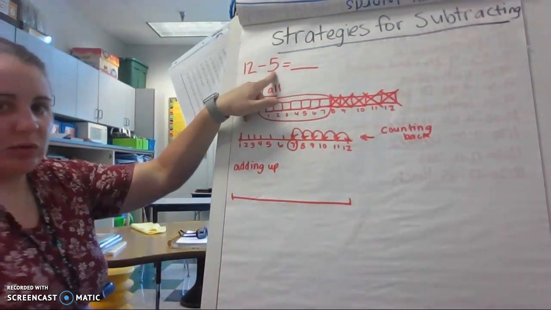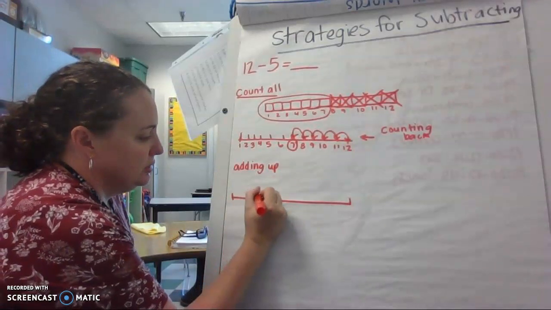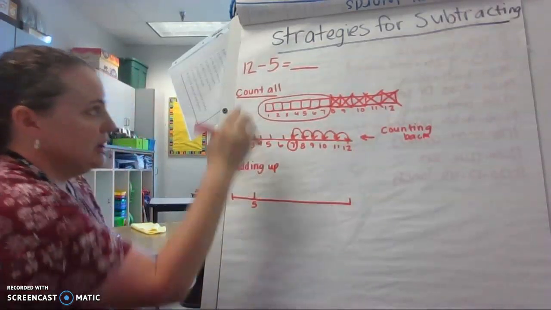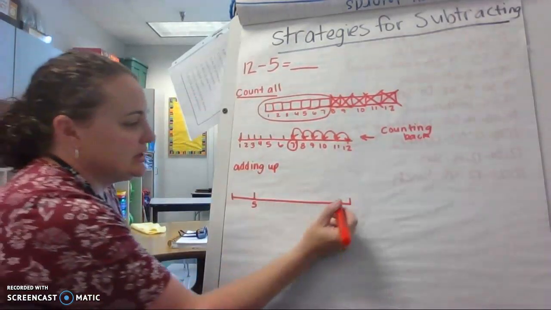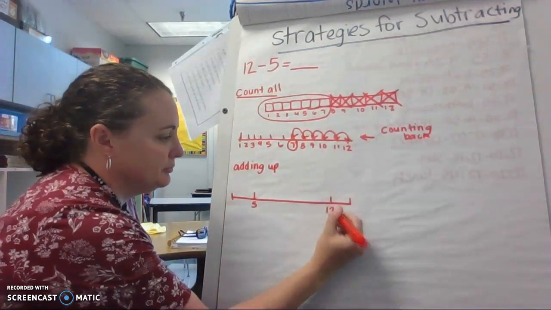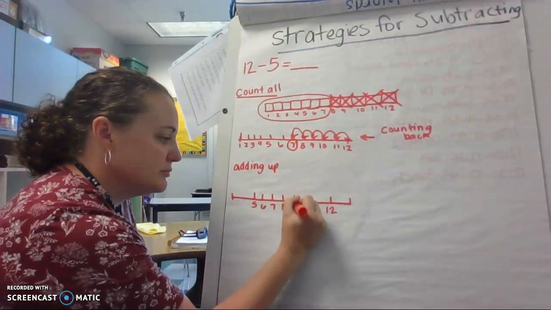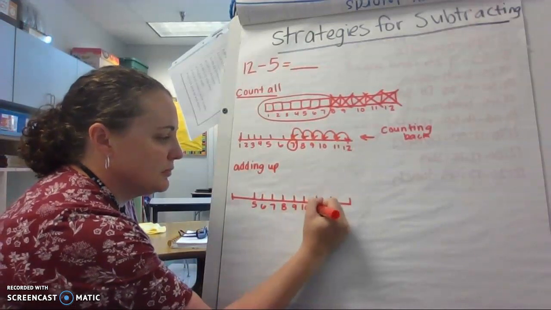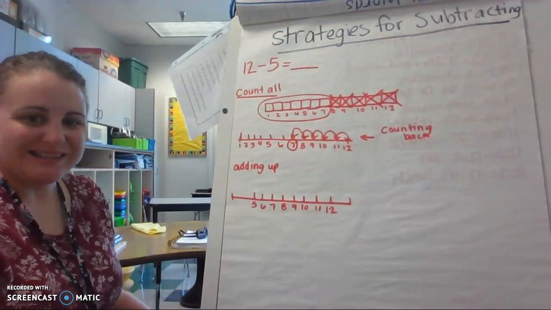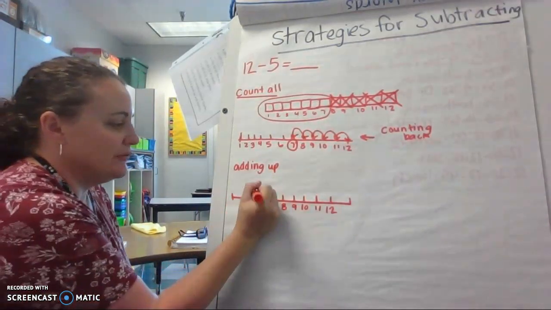We can start at this lower number, 5. I'll put it here on my number line. We can count up until we get to 12. Let's see how much it takes us to get from 5 to 12. You count with me.